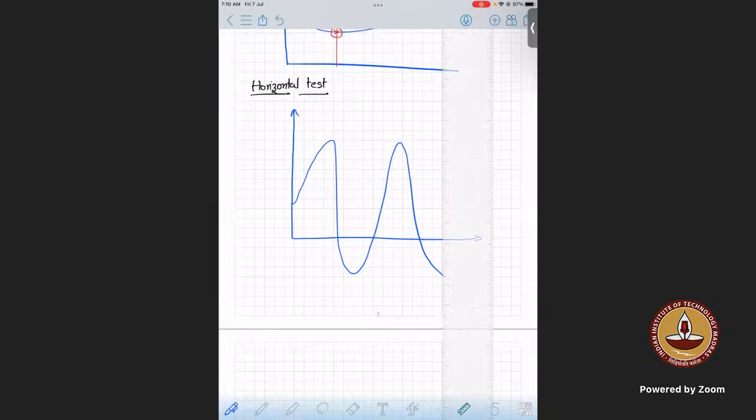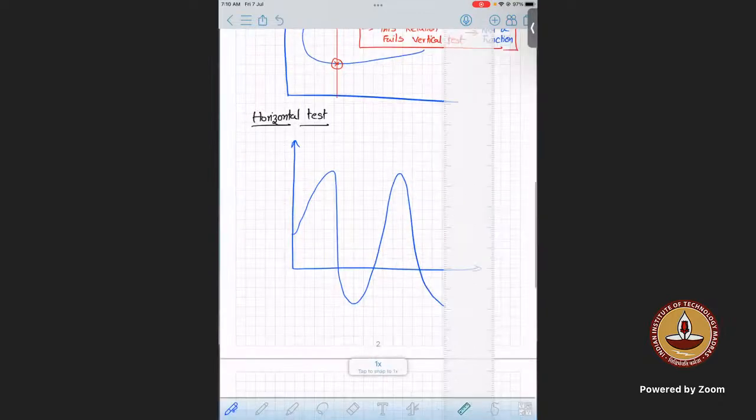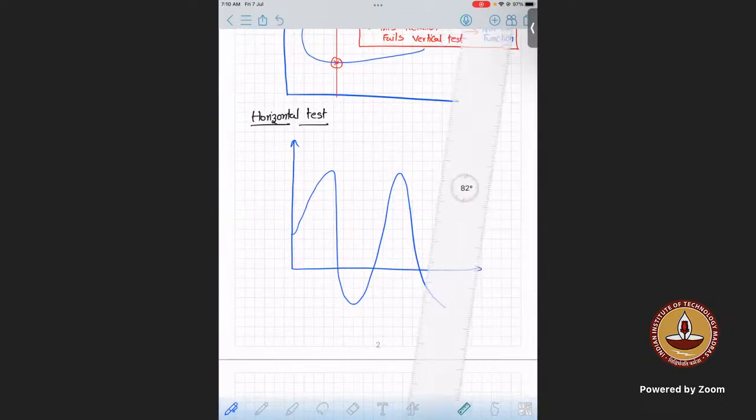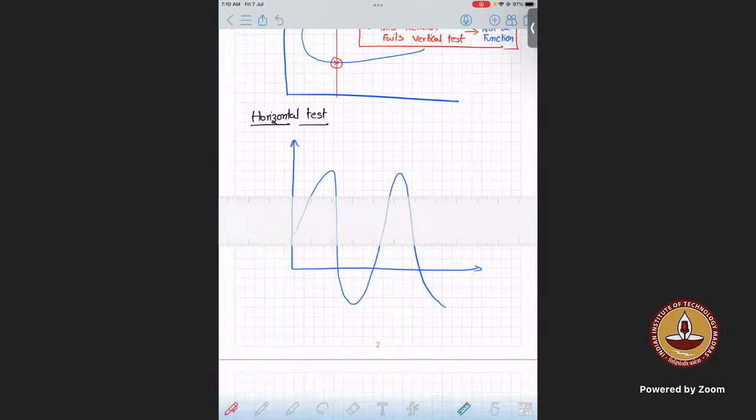Now what should we do? You have to draw a horizontal line, which is parallel to the x-axis, like this.